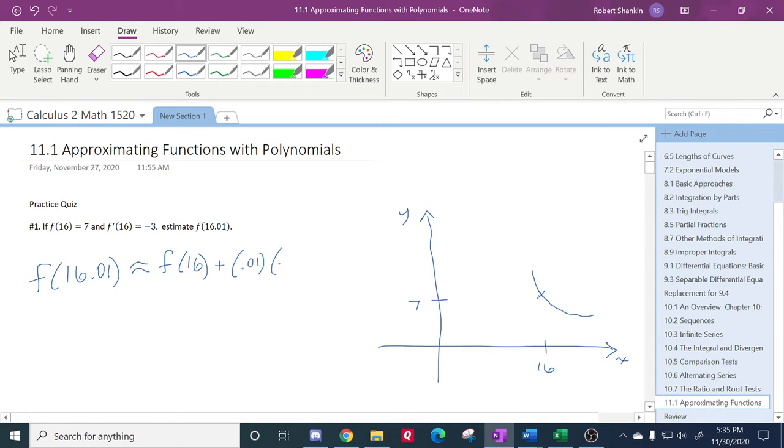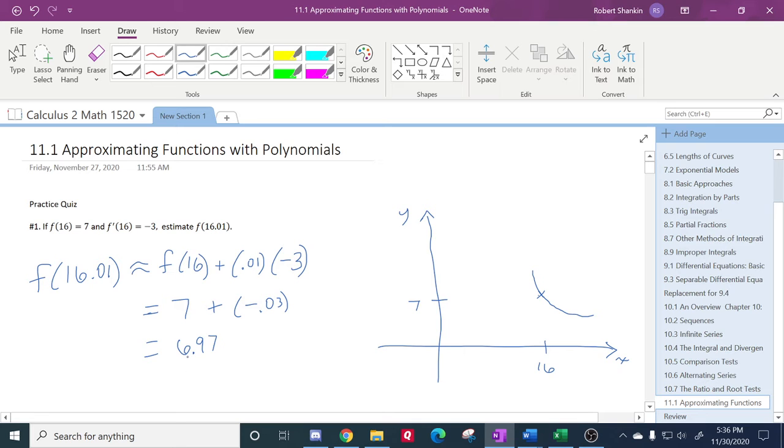And then we're going to drop. So this is 7 plus negative 0.03. Every time it goes 0.01 to the right, it goes 0.03 down. And this then becomes 6.97.